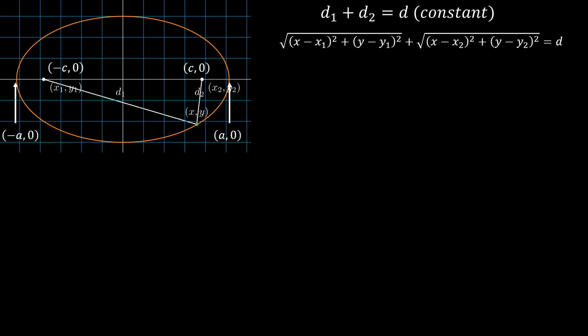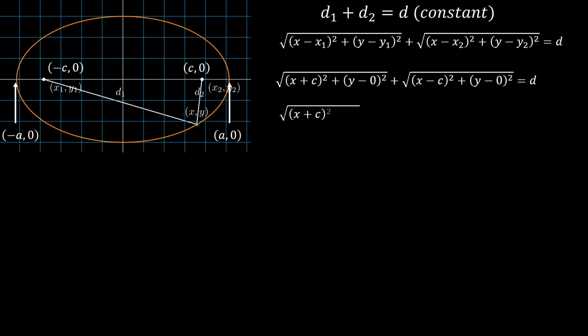Then x minus minus c is x plus c, so we have the square root of (x plus c) squared plus (y minus 0) squared plus the square root of (x minus c) squared plus (y minus 0) squared equals d. So this is just the square root of (x plus c) squared plus y squared plus the square root of (x minus c) squared plus y squared, which still equals d.